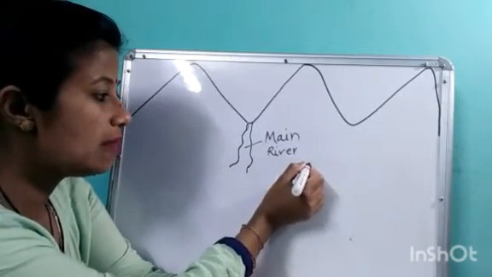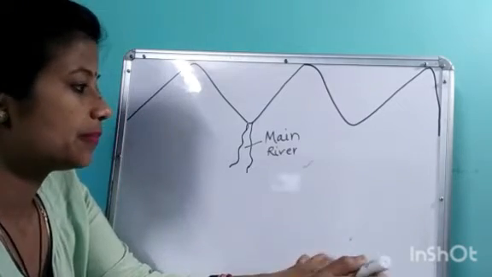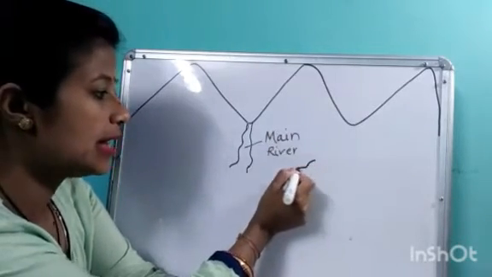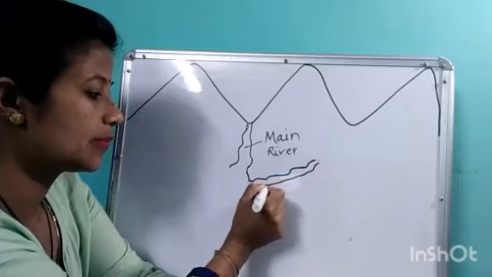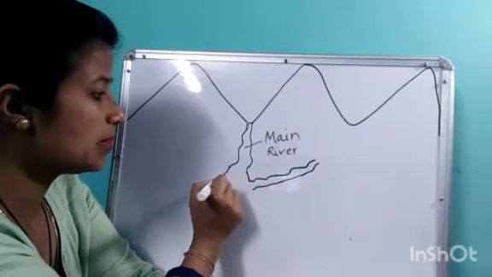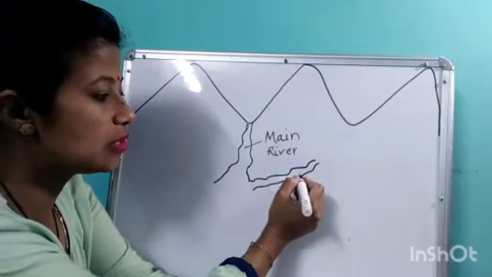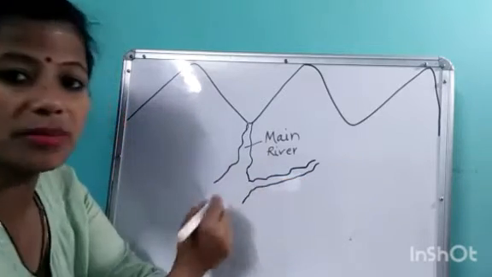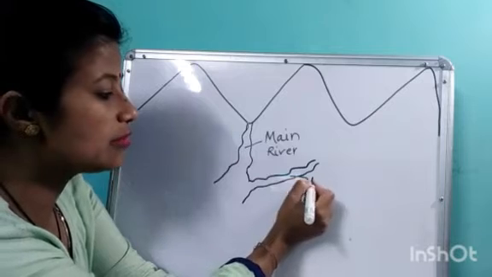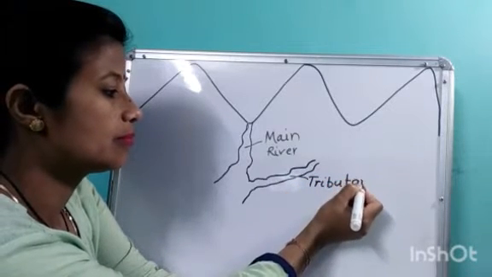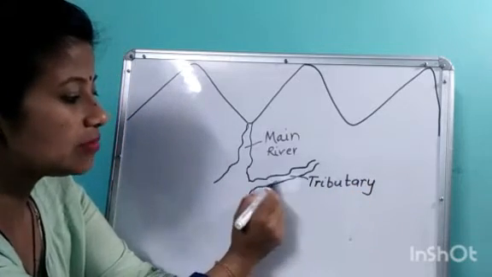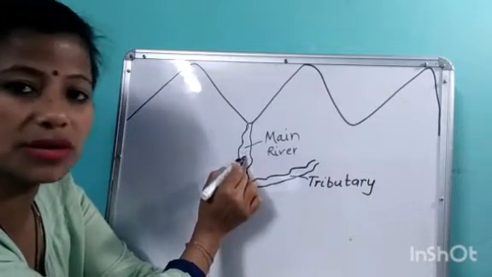If any other river joins the main river, this will be a tributary. This river will be a tributary of this main river.